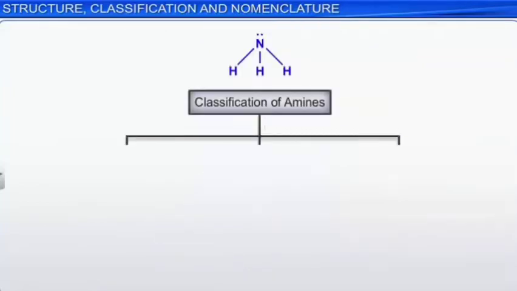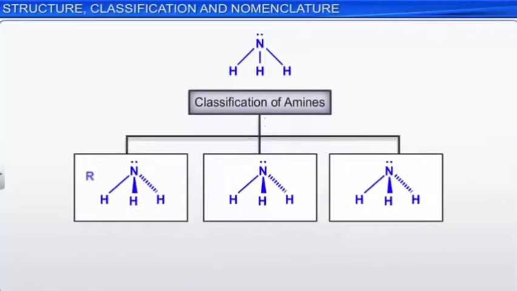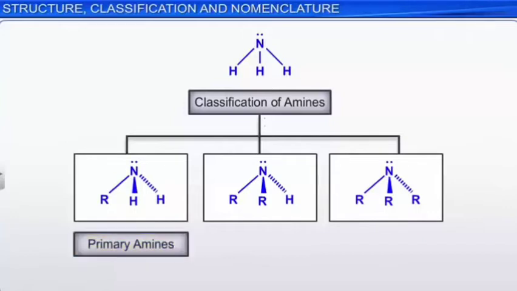Depending upon the number of hydrogen atoms replaced by alkyl or aryl groups in the ammonia molecule, amines are classified into 3 types. They are primary, secondary, and tertiary.